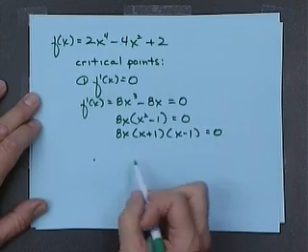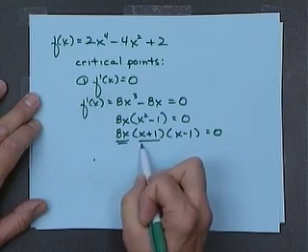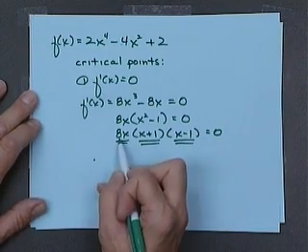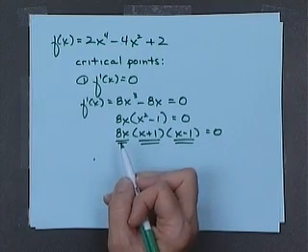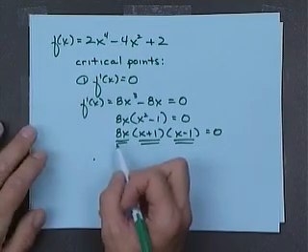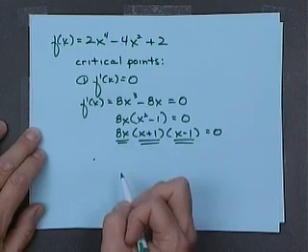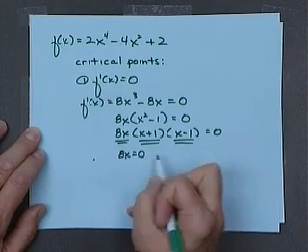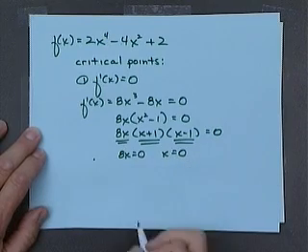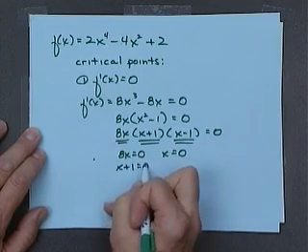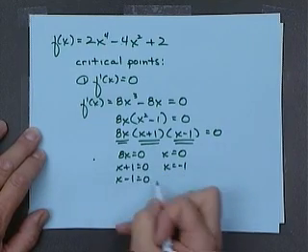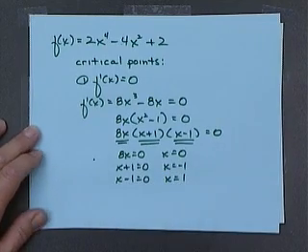Now, we're setting that equal to 0, so we can set each factor equal to 0. I guess technically 8 is a factor, but don't expect to get too many solutions from that one. So let's set 8x equal to 0. That is 0 when x itself is 0, right? x plus 1 equals 0 when x is negative 1, and x minus 1 equals 0 when x is 1.